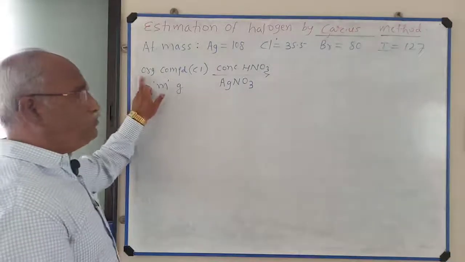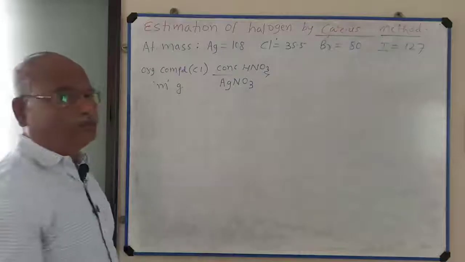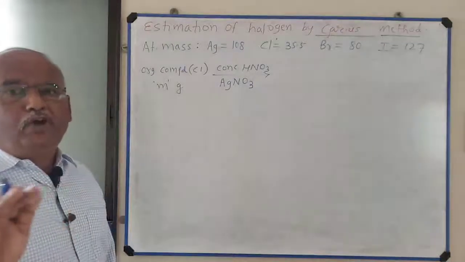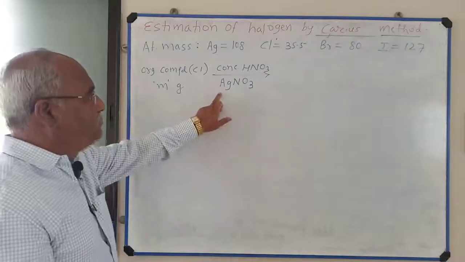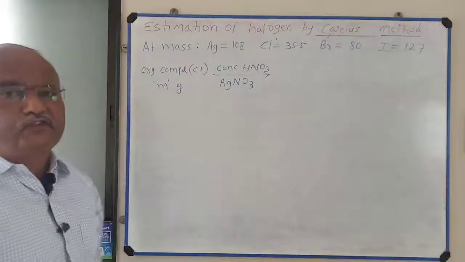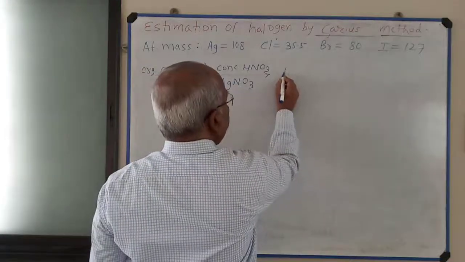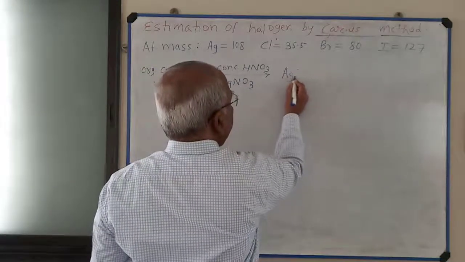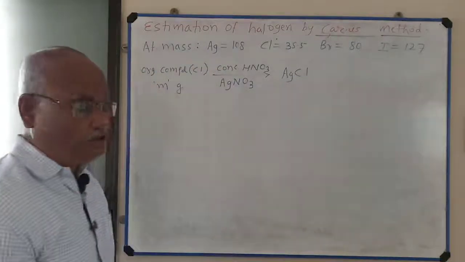In Carius tube, a compound containing halogen is boiled with concentrated HNO3 and then it is made to react with silver nitrate. So here the chlorine present in the compound is converted to AgCl.